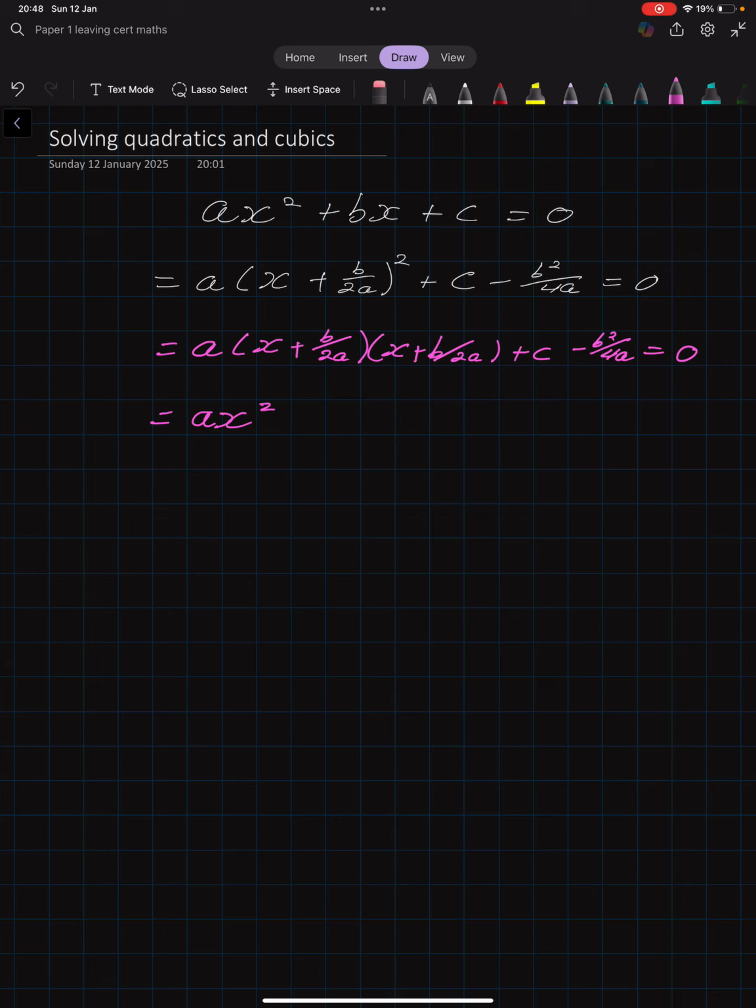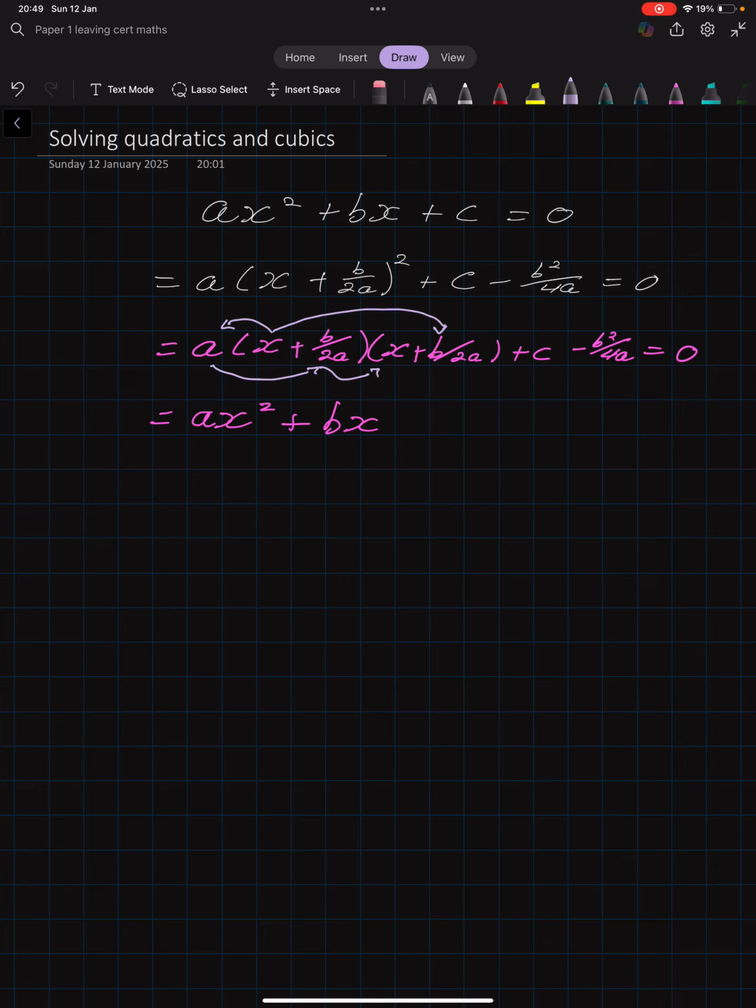So what happens is I'm going to get this multiplied by this multiplied by a gives me bx over 2, and then this multiplied by this multiplied by this gives me bx over 2 as well, and then when I add them together I get bx.